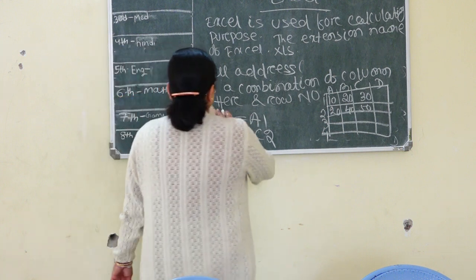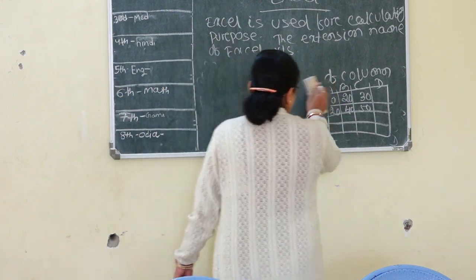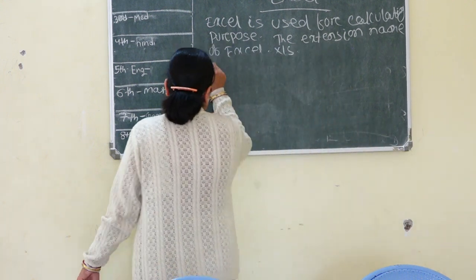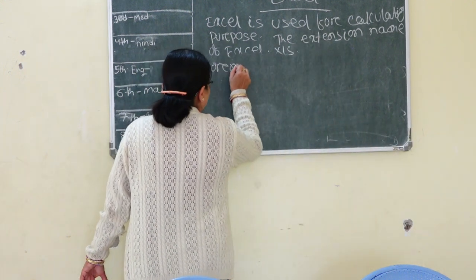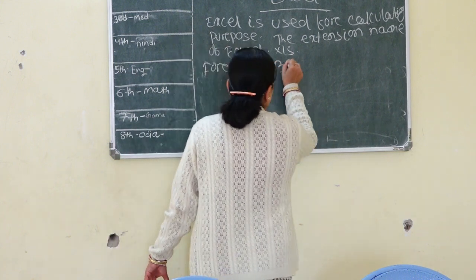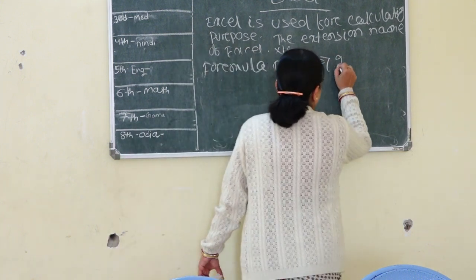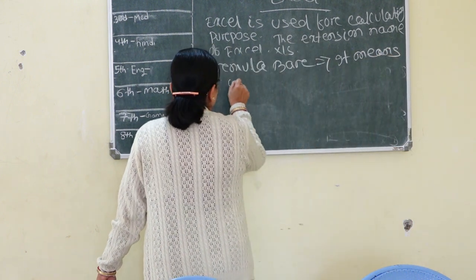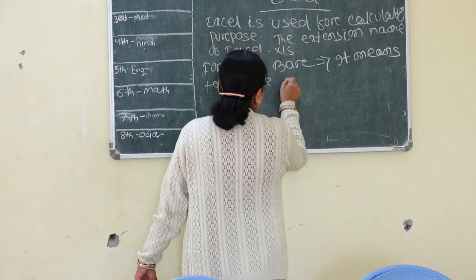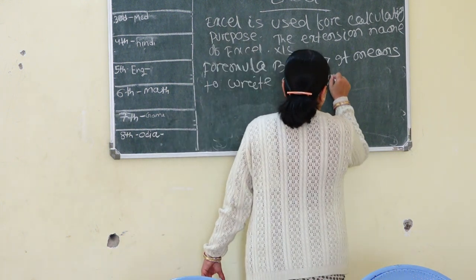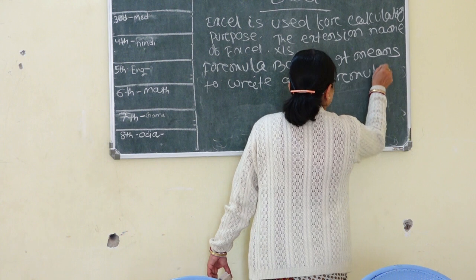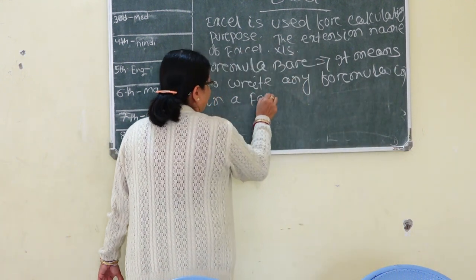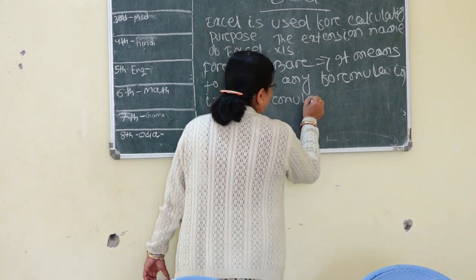Then what is formula bar? Formula bar means you just write any formula in a formula bar area. Formula bar means to write any formula in a formula bar.